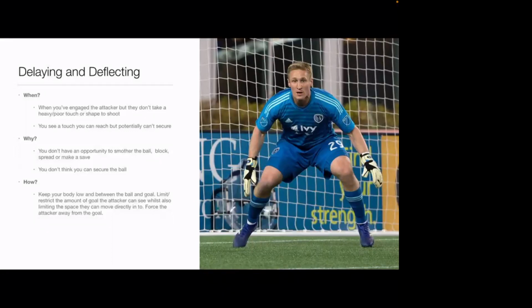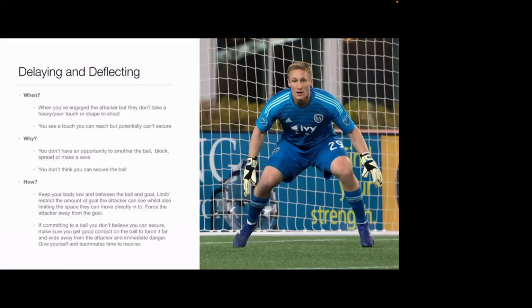Hold your ground, force them to beat you. If you're dropping, all that's happening is you're allowing them to get closer to your goal. If they want to continue to run into you, you can secure the ball. So force them to go around you, and obviously keep your body low.